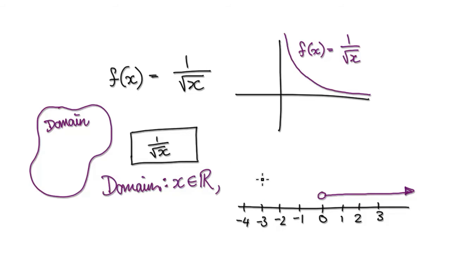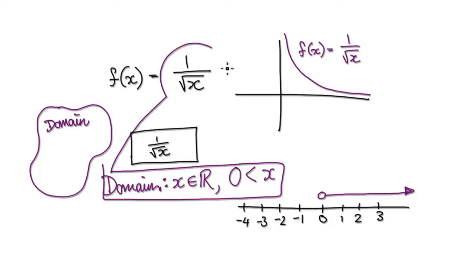Our condition here is that x must be strictly bigger than 0. It can't be dead on 0. So you have to specify strictly greater than 0. So this is the domain for our function here.